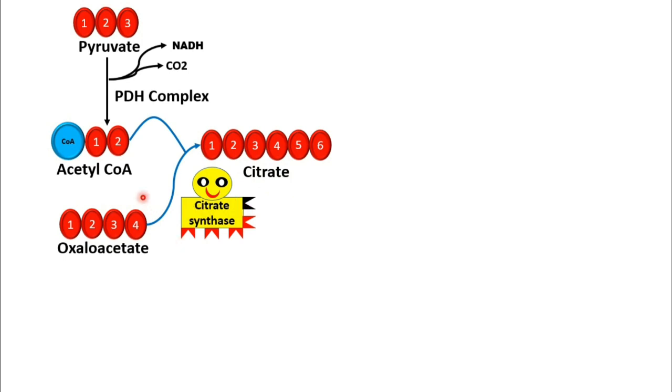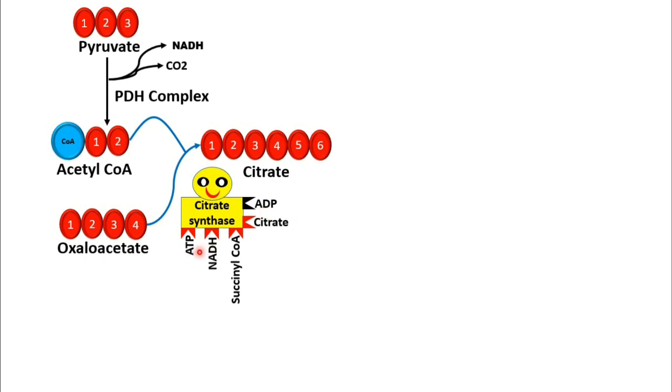Citrate synthase catalyzes an irreversible reaction. So this enzyme is highly regulated. If there is a lot of citrate, a lot of ATP, a lot of NADH and also a lot of succinyl-CoA, all these are gonna inhibit this enzyme, but it will be activated by ADP.